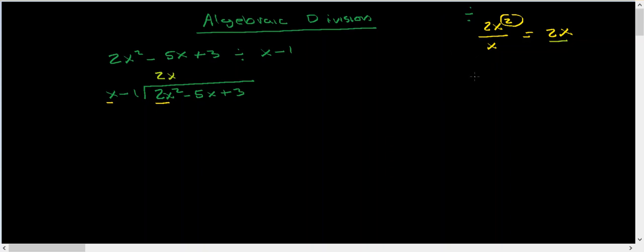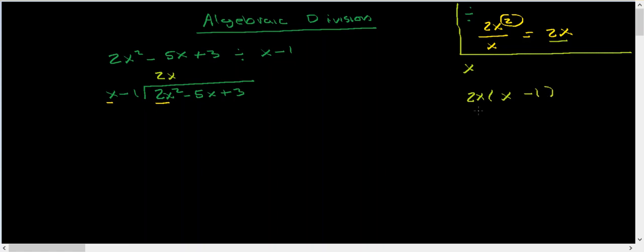The next thing we do is what's known as the multiplication phase. We're multiplying our answer by the smaller expression. So what does that look like? It's going to be 2x multiplied by x minus 1.